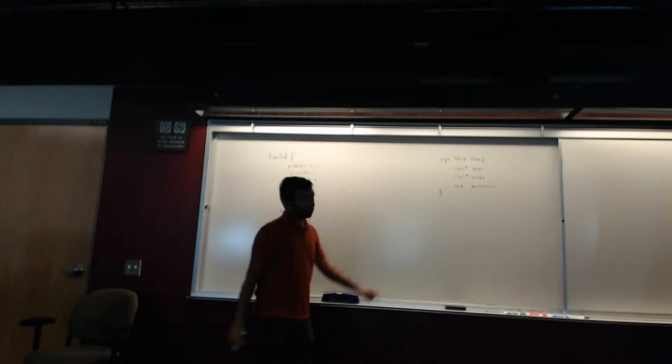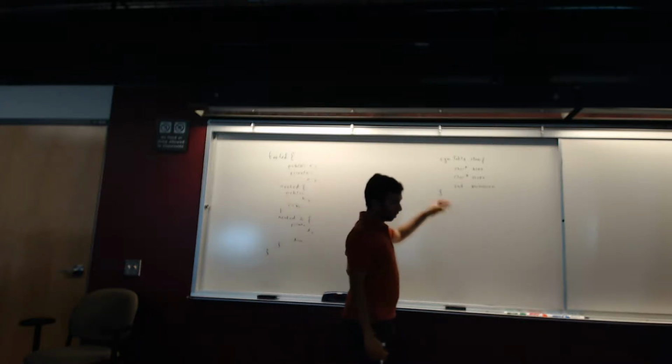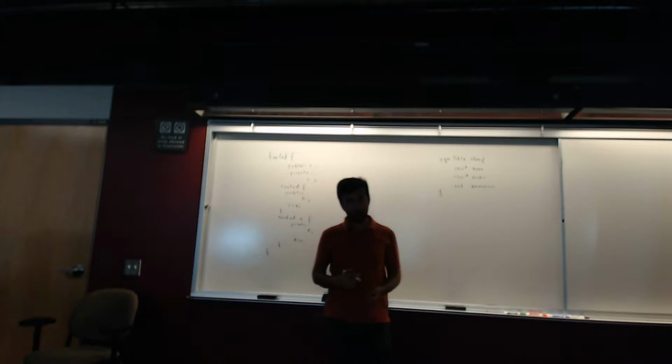So that is your symbol table entry, one of the entries. Then using that entry, you make a symbol table stack, right?